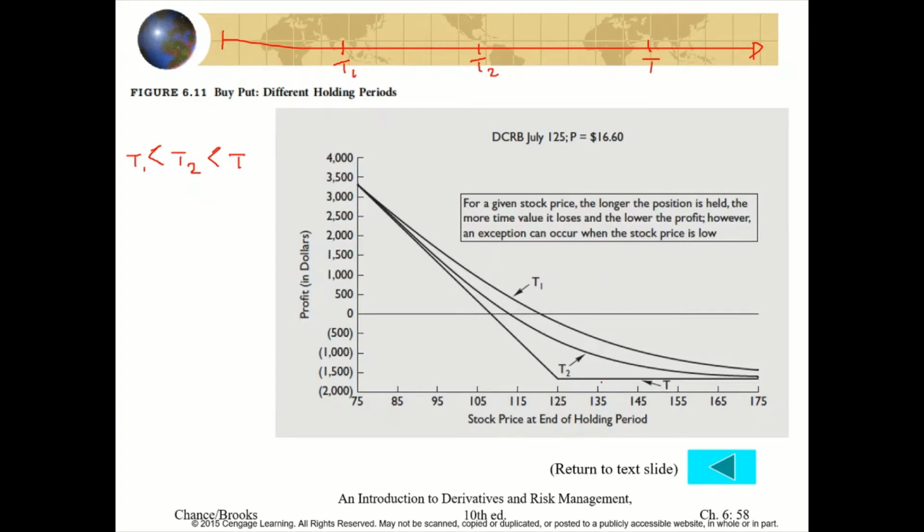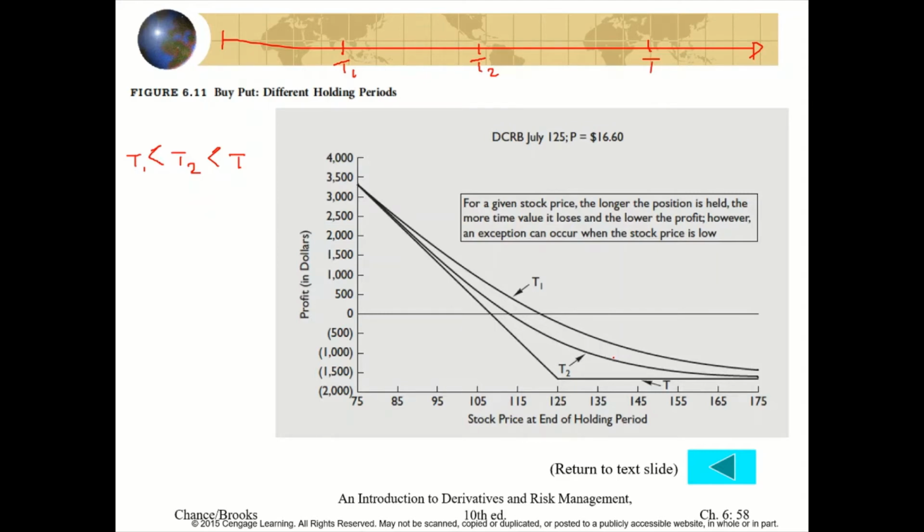Okay, why are we realizing the highest profit for any level of the underlying stock or level of the intrinsic value when we exit at T1? Again, it goes back to the fact that we paid for the premium. Since I took a long position, I bought the put option, I paid the premium.